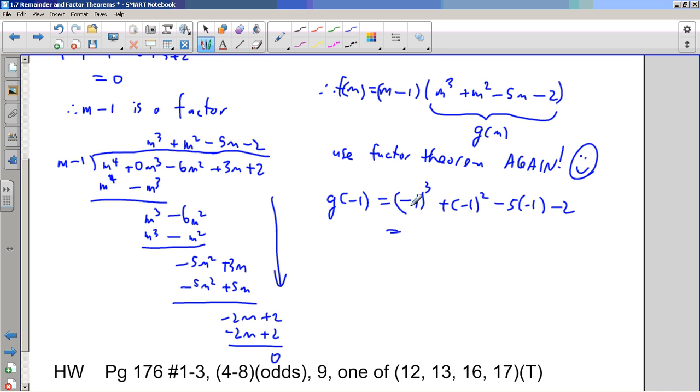And I get bing, bing, bing, bing. I think this works out anyway. I hope. +1 +5 -2. Of course it doesn't work. It doesn't work. So what do I say? m +1 is not a factor.